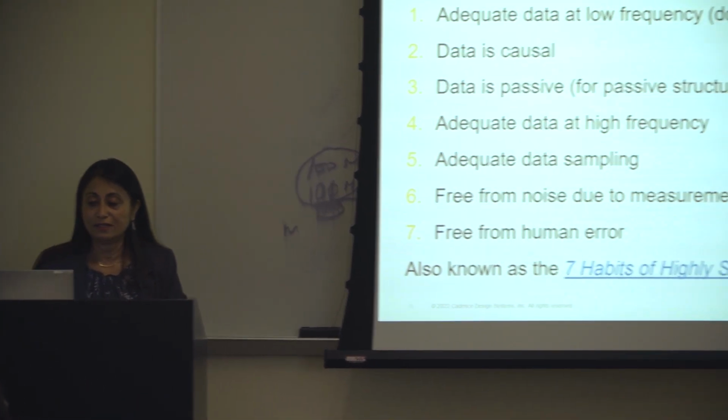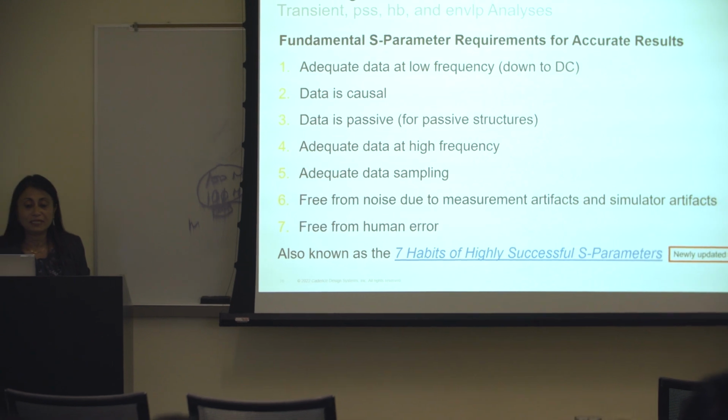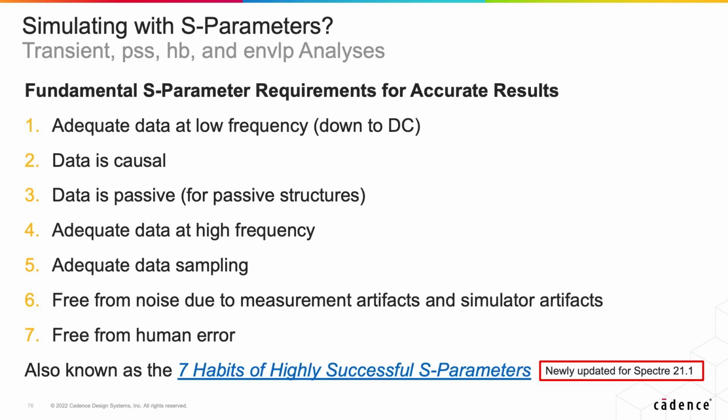I know Hossein asked about simulating with S parameters. So I would strongly suggest going to this 90-minute presentation by one of my colleagues, which is also available on support.cadence. It covers what to look out for to get the best convergence with S parameter files in time domain and in HB, both.